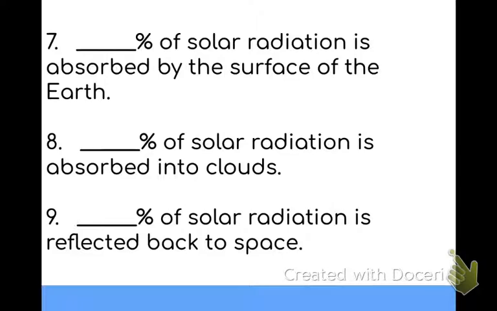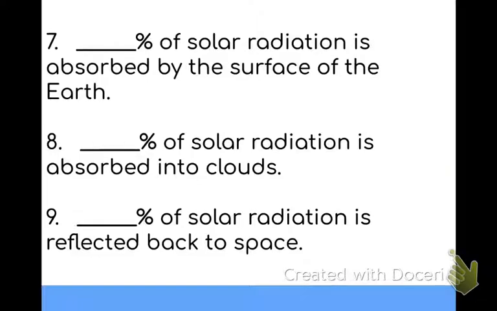Number 8. Blank percent of solar radiation is absorbed in the clouds. And then number 9, blank percent of solar radiation is reflected back to space. Remember, you're just filling in the blanks, not writing out the whole sentence.